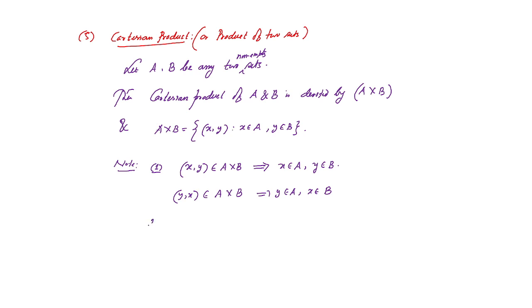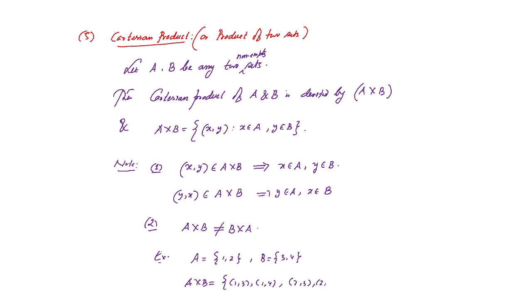Okay. But that is an important note: A Cartesian product B may not be equal to B Cartesian product A. As for example, you have given A equals 1, 2 and B equals 3, 4. So what will be A Cartesian product B? That contains (1, 3), (1, 4), (2, 3), (2, 4).